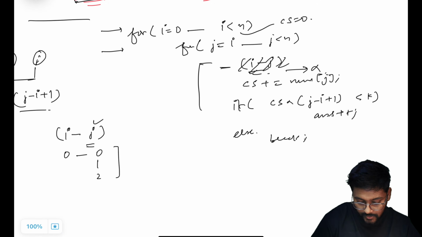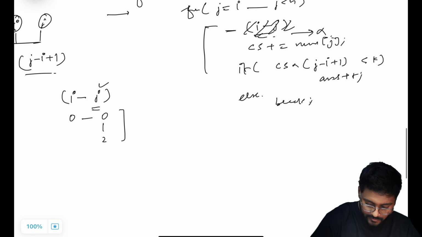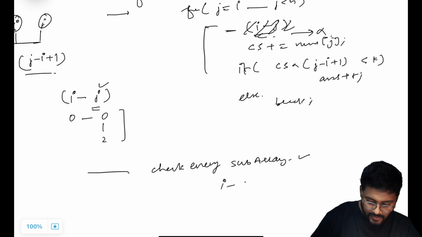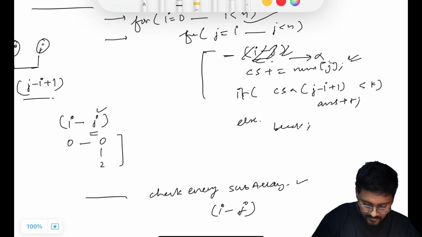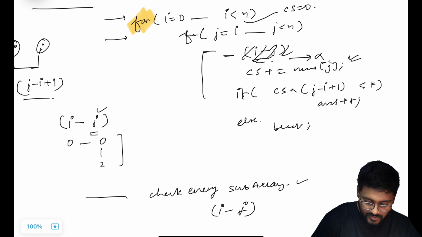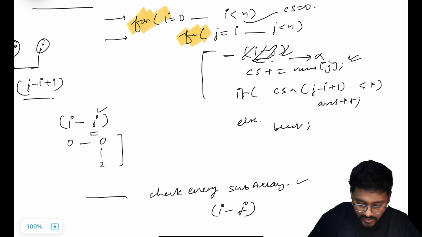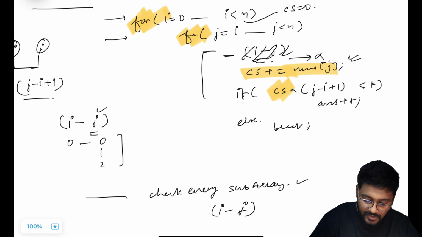Now this will be our brute force, checking every possibility, every subarray from i to j, and in my second loop I can calculate the running sum, and on the basis of running sum I can check my condition. So this is the first loop and this is the second loop, and my current sum I'm calculating, and this is the condition.